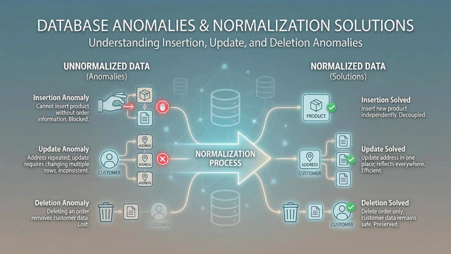The associated customer information, stored in its own separate table, remains safe and preserved. You maintain complete customer history even after orders are processed or deleted. In essence, normalization is about structuring your database to prevent these frustrating and costly data integrity issues, leading to more robust, reliable, and efficient systems.